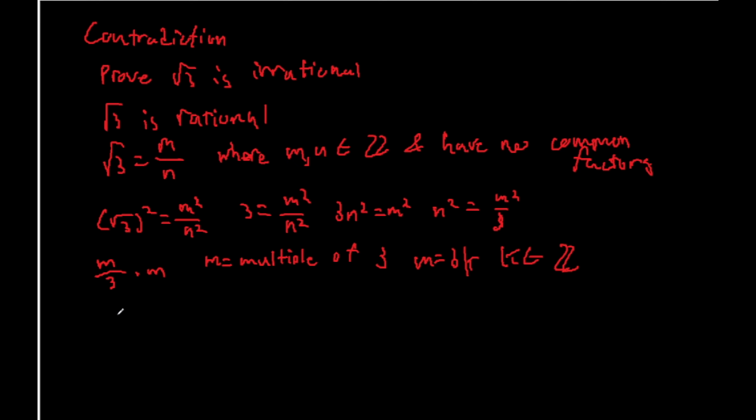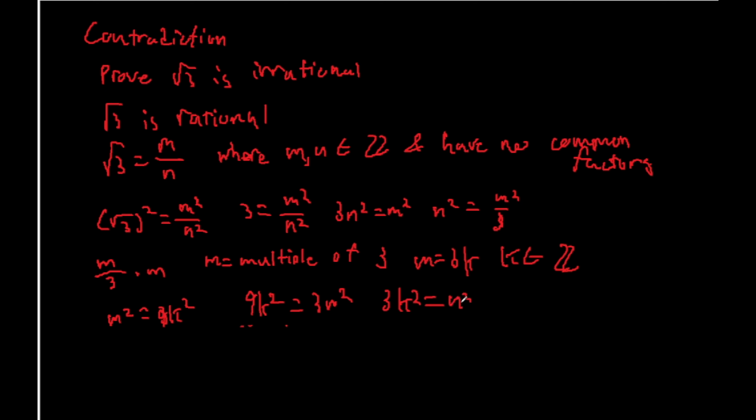But we'll plug that back in. So m squared is going to equal 9k squared. So we'll have 9k squared equals 3n squared. And now we can divide by 3. So we're going to have 3k squared equals n squared.